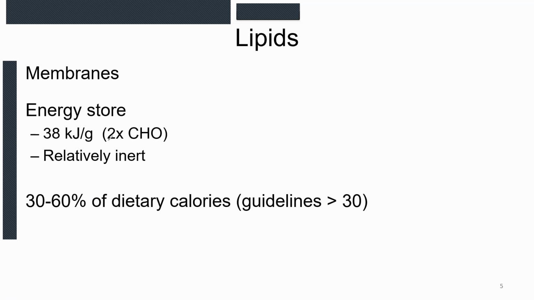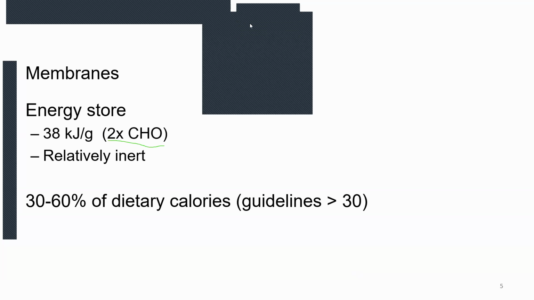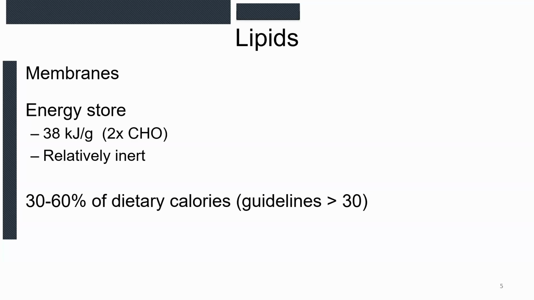Now, that is approximately 2 times what you get from the same number of grams of a carbohydrate, which, if you think about it, one aspect of that is that more of the molecular mass of a lipid is wrapped up in carbons and hydrogens compared to the molecular mass of a sugar, which has carbons, hydrogens, and oxygen. So lipids do provide a huge amount of energy, and they're very valuable for that purpose.